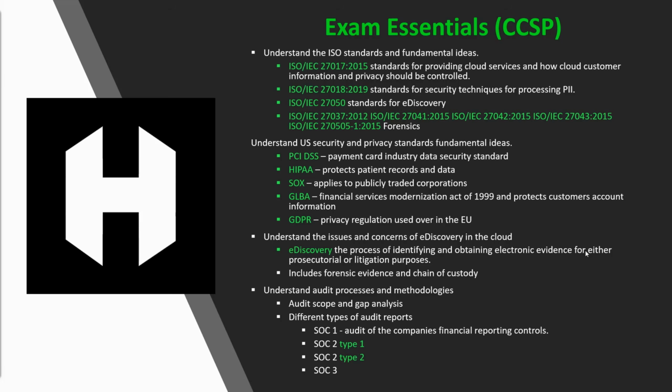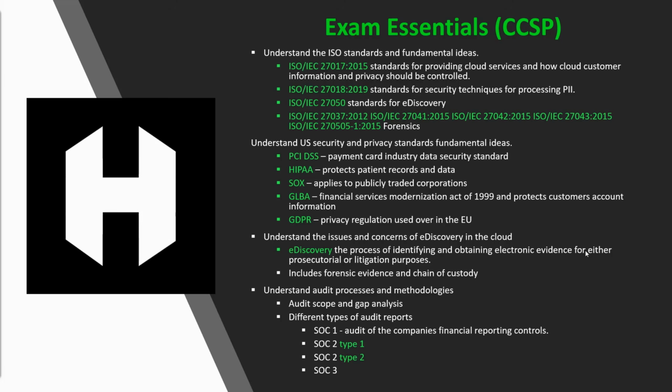Think of it as a blueprint for a hacker, because your Type 2 SOC 2 reports on things like the security, availability, processing integrity, confidentiality, and privacy of companies' applications and environment. So everything an adversary would need to attack an organization could potentially be found in a Type 2 report.